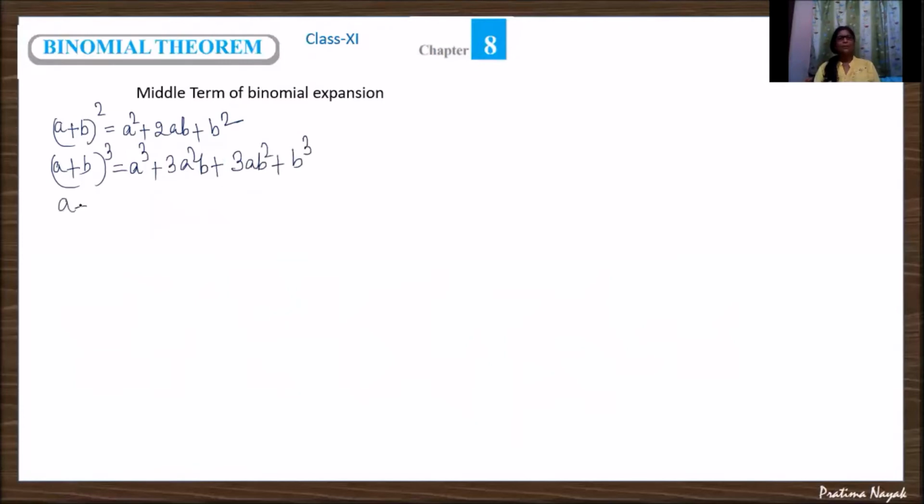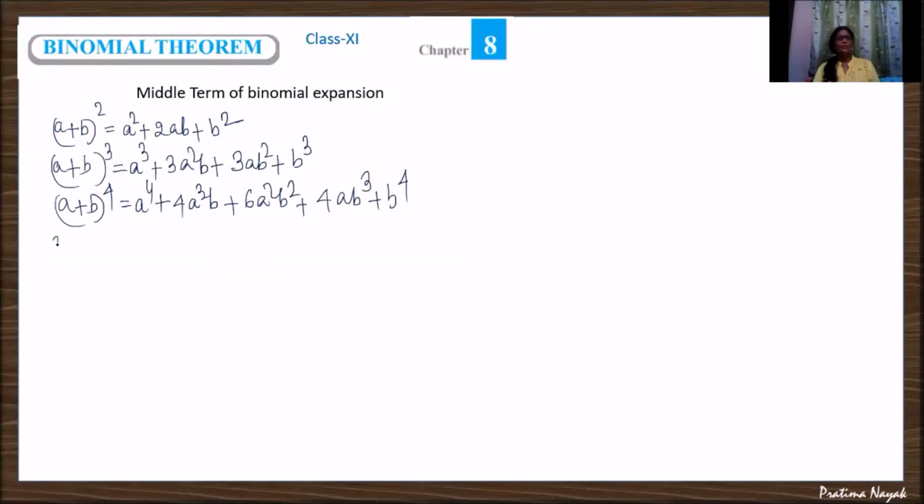Again, let me write (a + b) to the power 4. You know the index and values combination now. This will be a to the power 4, then 4a cube b plus 6a square b square plus again 4ab cube plus b to the power 4.